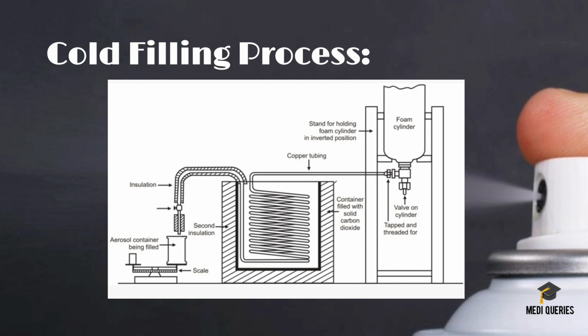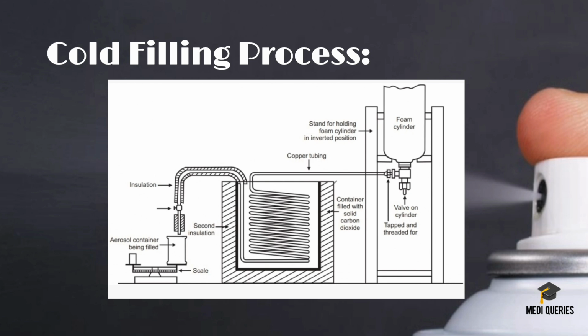Sufficient time is given for the propellant to partially vaporize in order to expel the air present in the container. The valve is fitted on the container, which is placed into a water bath so that the contents are heated to 130 degrees Fahrenheit in order to check any leakage and the strength of the containers.